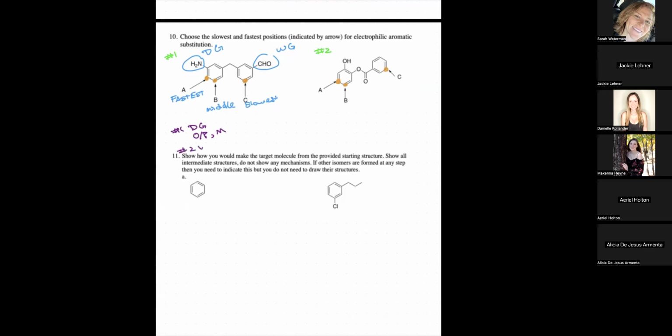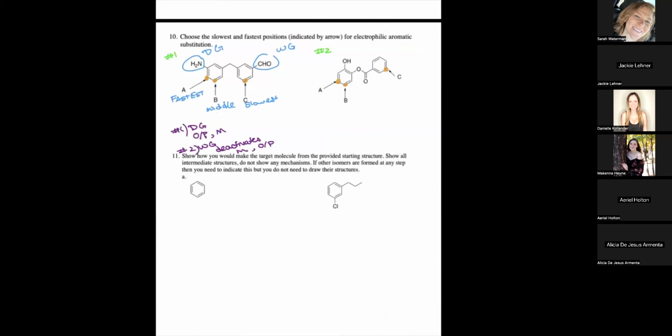And then number two will be your withdrawing groups, right? Remember this deactivates your ring, right? And then typically it will go on meta over the other two, and then it will go ortho-para, right? So this is like the checklist that you go down.